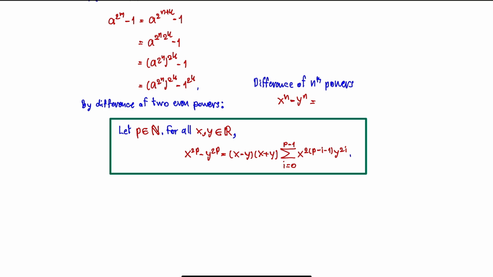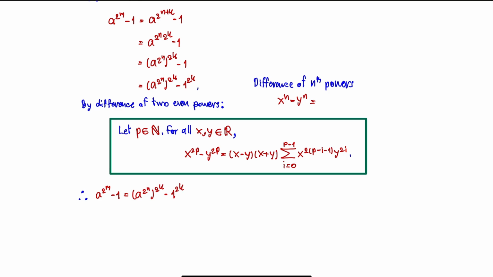Okay, so let's continue. We use this formula and apply it here. So what do we have? We start with a to the 2 to the m, minus 1, which equals a to the 2 to the n, raised to the 2 to the k, minus 1.